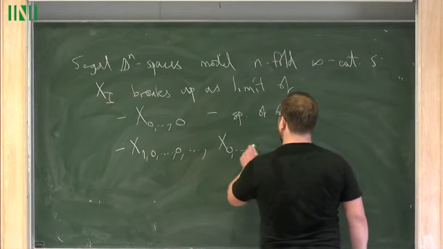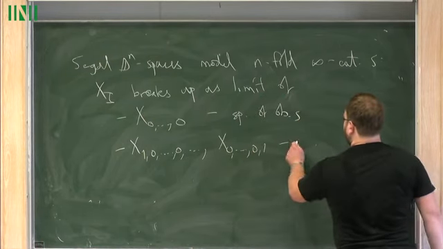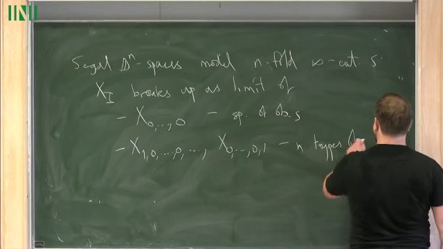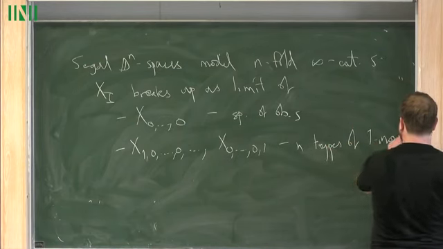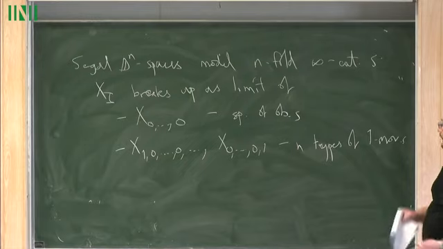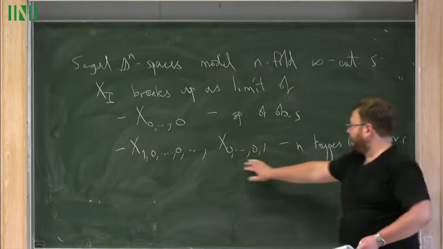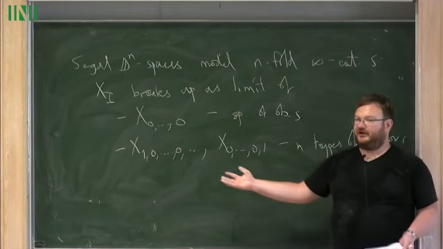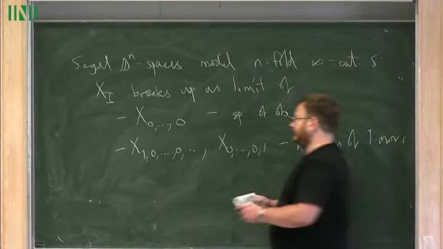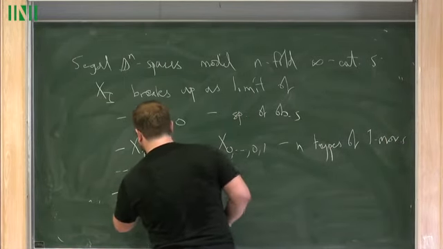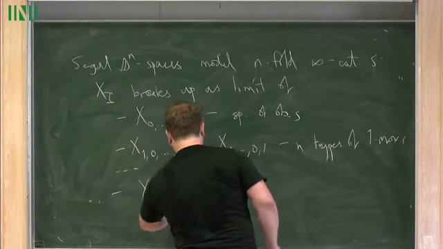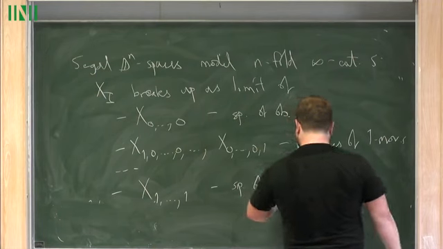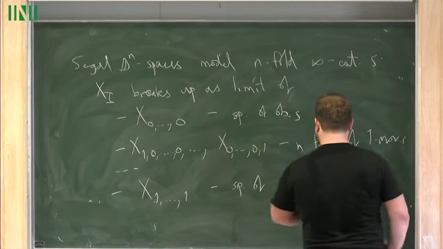So this gives us n types of 1 morphisms. And then if you look at things which have 2 entries that are 1 and everything else 0, then you get a bunch of different types of squares, and then you keep going up to the final one, which is x1 dot 1, which is a space of n cubes in the n-fold category.